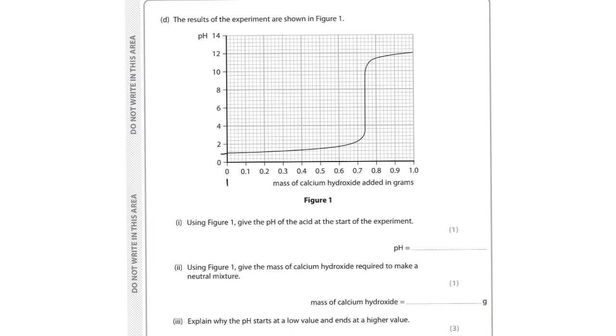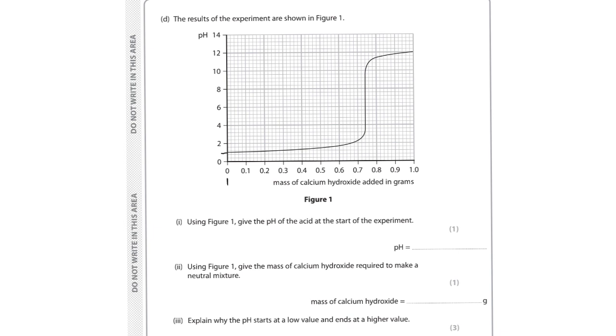Now, each one of these squares is 0.4 pH units, and this is 0.4, 0.8, and then 0.2. So it's 1. It's got a pH of 1. It's halfway between 1 and 2 on that scale. So they allowed anywhere between 0.9 and 1.1, but the pH was 1.0.